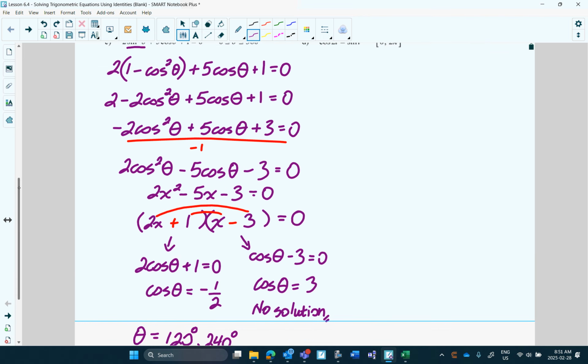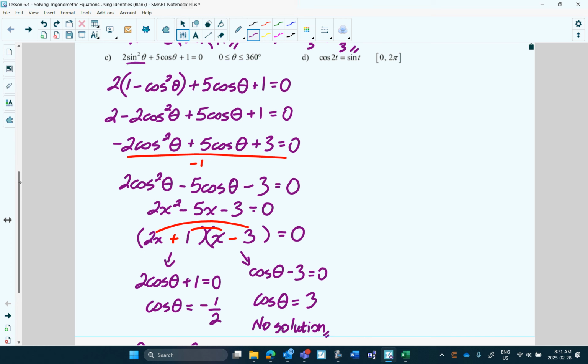Okay. This one. We have a double angle. We also have a sine t. You can change cosine 2t into 3 possible equivalent expressions, right?